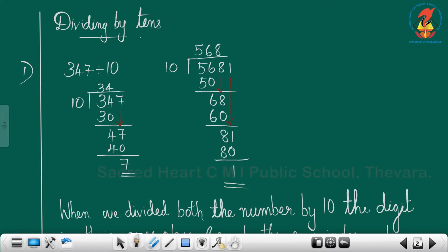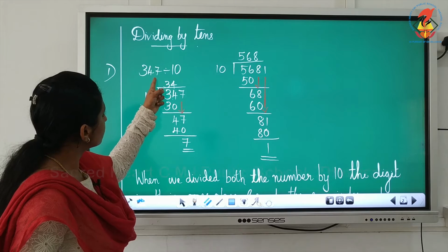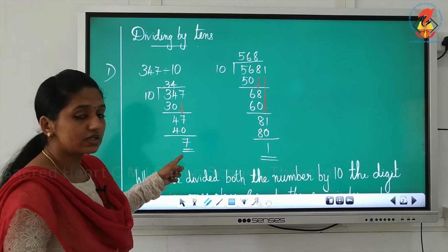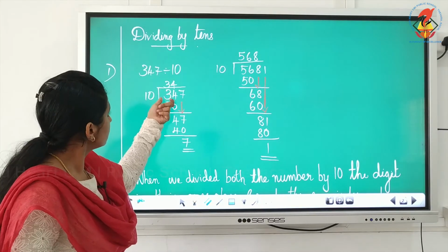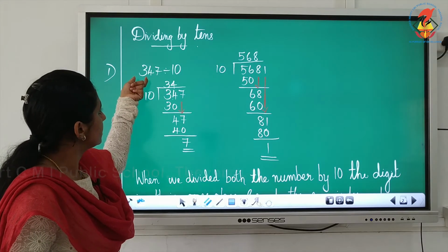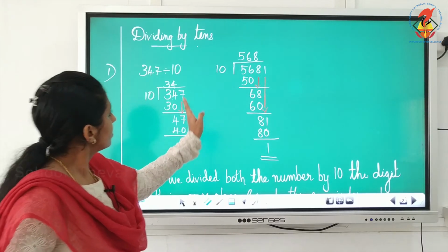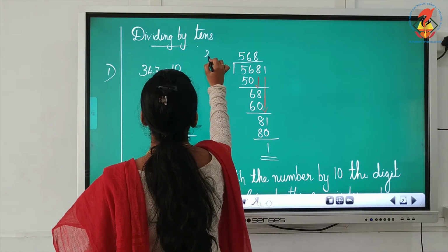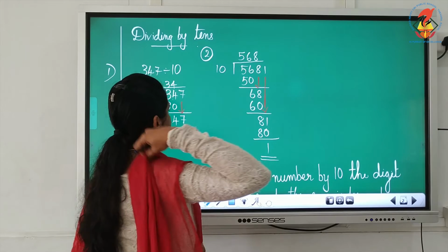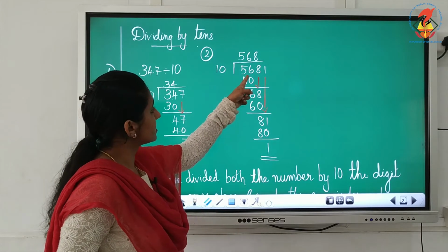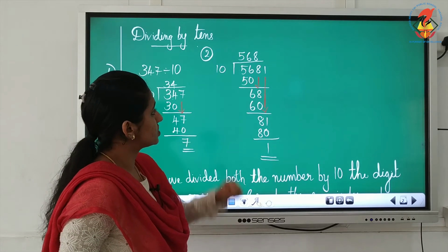When we are analyzing this, the ones place digit goes to the remainder. The other first two digits go to the quotient. Okay. So, when we are analyzing the second example, 5681 divided by 10.